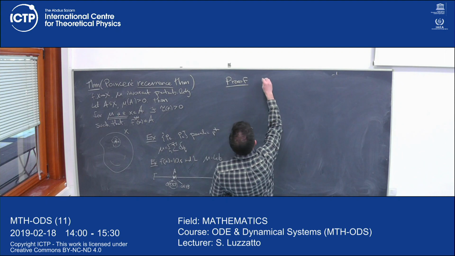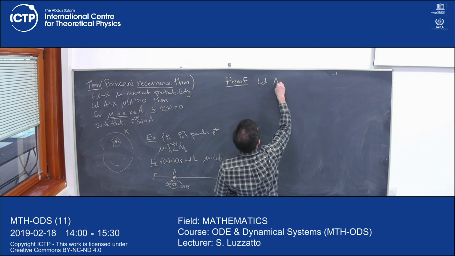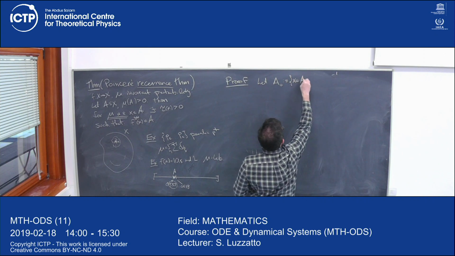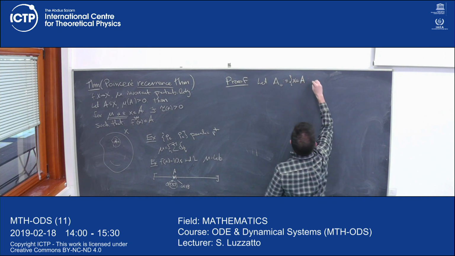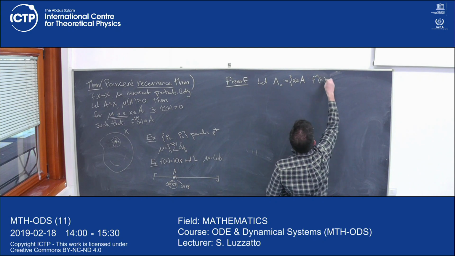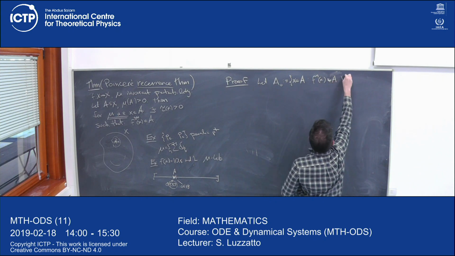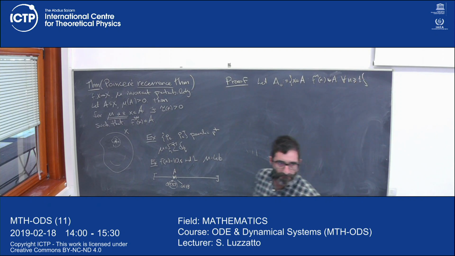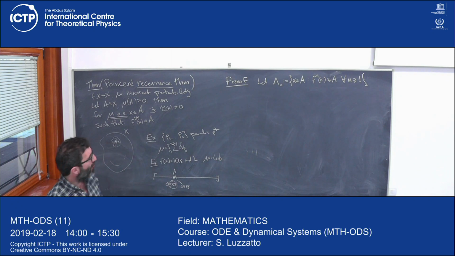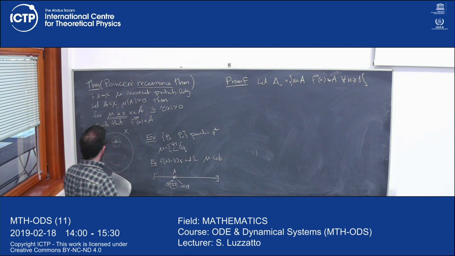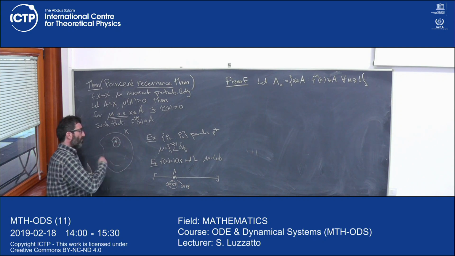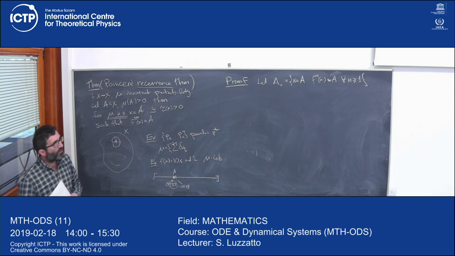So let's define A0 equal to the set of x in A which do not come back. So we have our set A here. We just need to show that this set has zero measure.